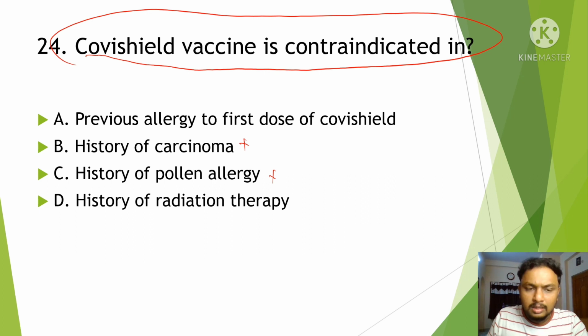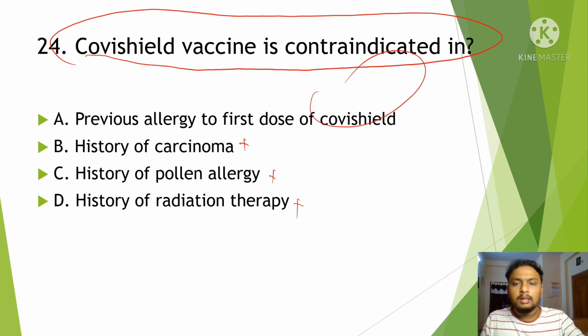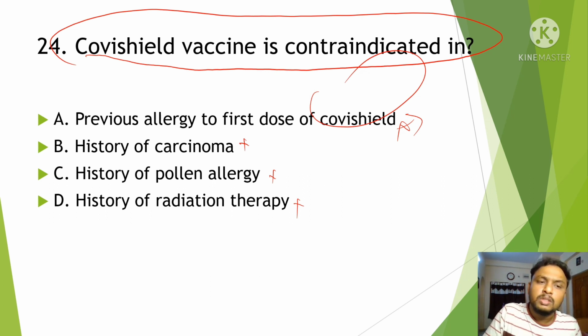History of radiation therapy also not. Previous allergy to the first dose of Covishield, definitely you should not go for the second dose. Some hemolytic diseases also are contraindications. In that situation we should not give Covishield. So your answer is A.